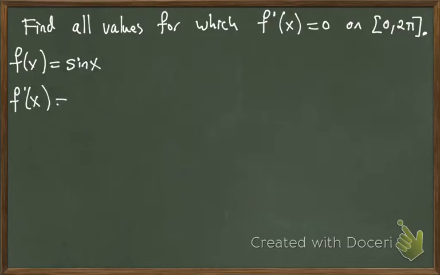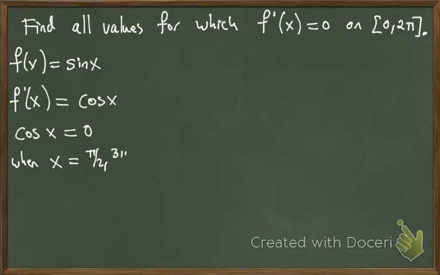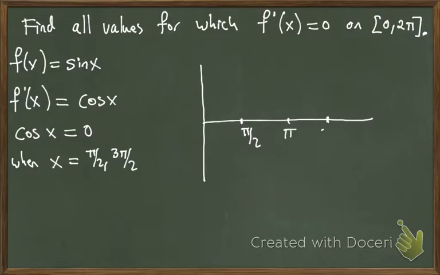So f prime of x is going to be equal to cosine of x. And so we're looking at solving cosine of x is equal to 0. That happens at the north and the south poles, so that'll be pi over 2 and 3 pi over 2 on your unit circle. We'll do a rough sketch of what the graph of the sine of x is, and this can kind of give us an idea of what we're finding here.